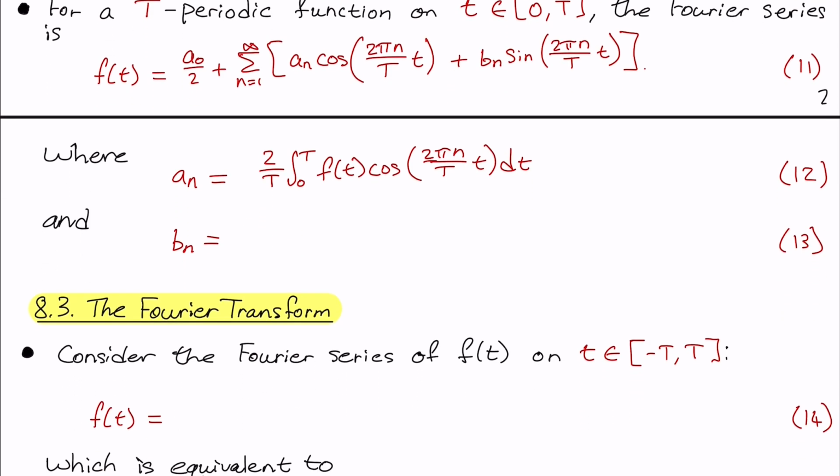And then similarly, bn is 2 over big T times the integral from 0 to T of f of t times the sine of 2 pi n over big T times t dt.